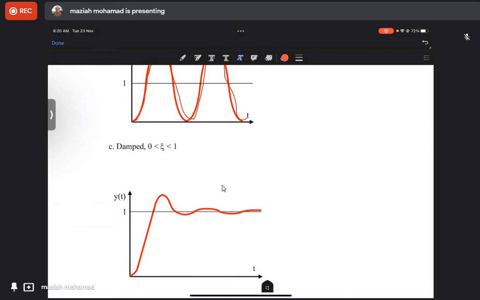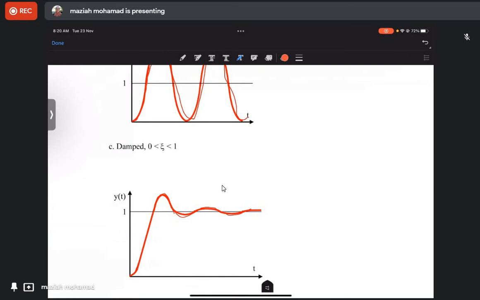Okay, so you can see that the behavior will have some overshoot. Okay, so that the energy is not that straight away transferred to our body. So the overshoot will absorb the energy from the bump. Okay, and then the damping ratio will also slowly reduce the amplitude and then settle at the final value.